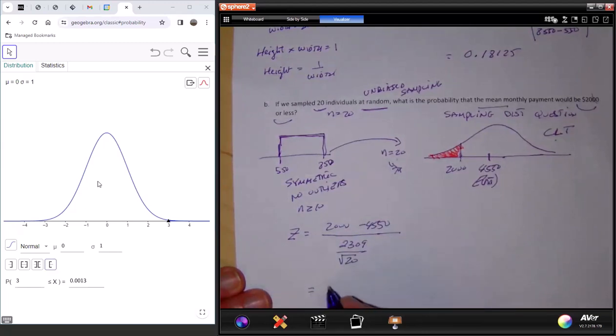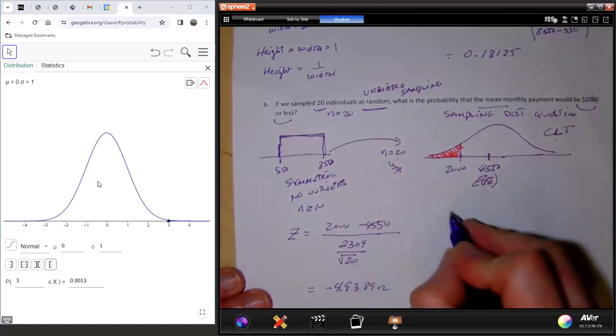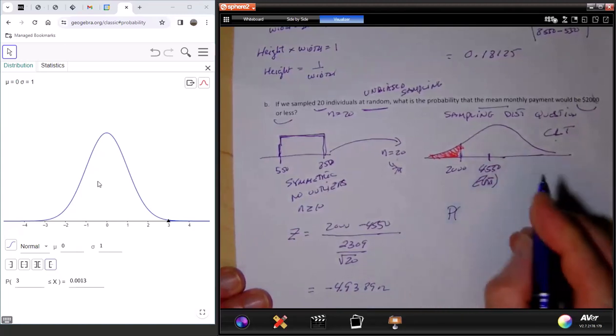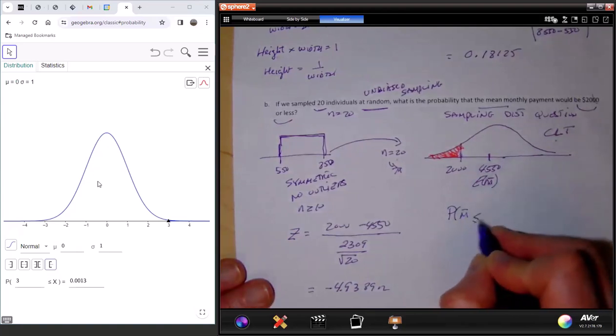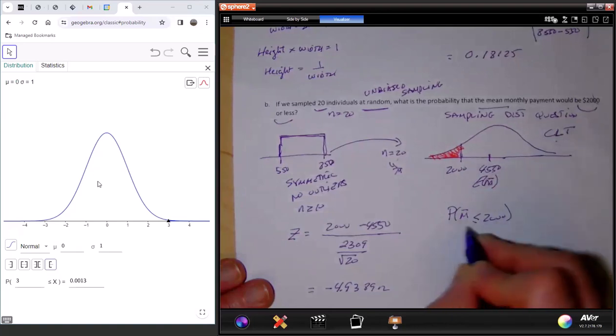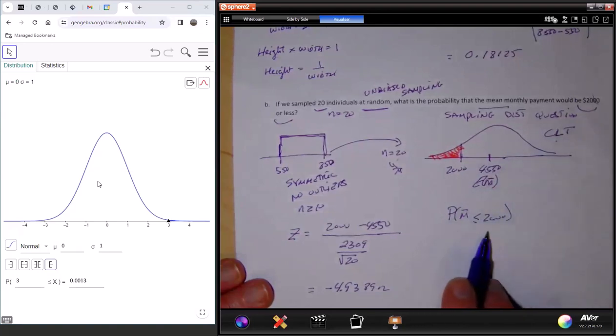And when I do that, I get negative 4.93891. Okay, so this is not 1, 2, nor 3. So I'm not going to use any kind of 68-95-99.7 rule because I can't.